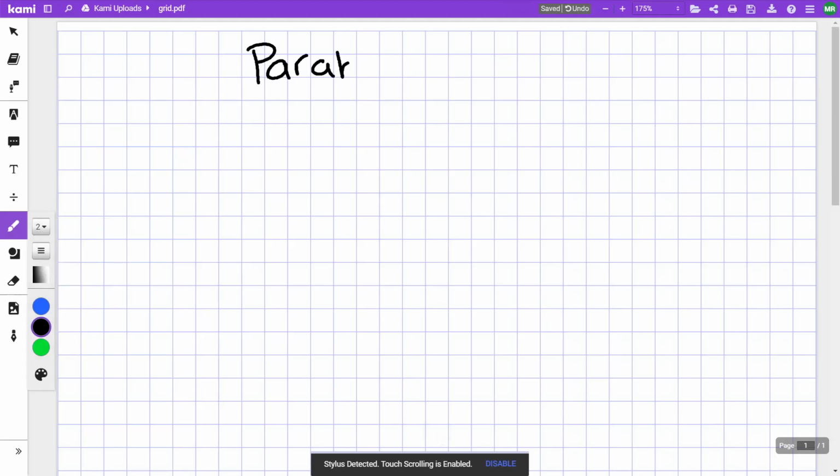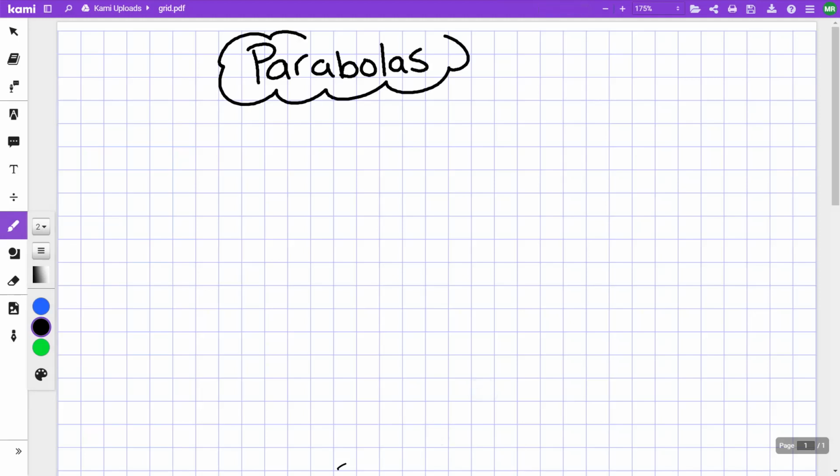Parabolas. So for this, our parent equation for a parabola is y equal x squared. That's our basic graph.